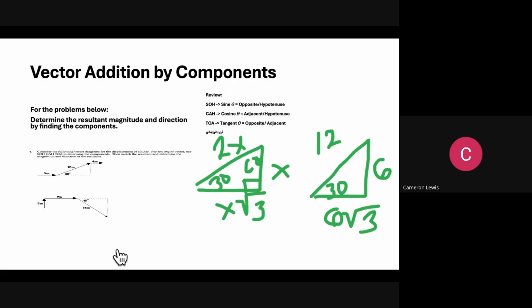Now this is the actual number that we can find. Now we are able to find the components and we can add them together. So now we could take this and bring it over here.